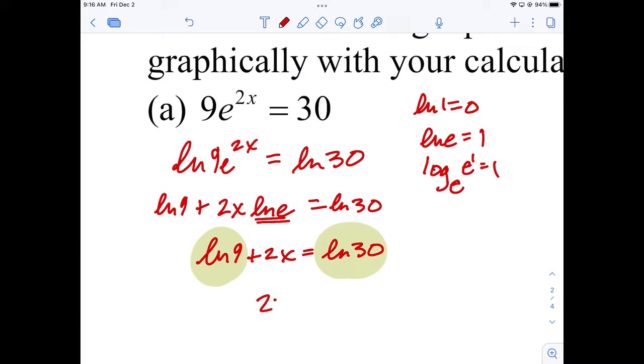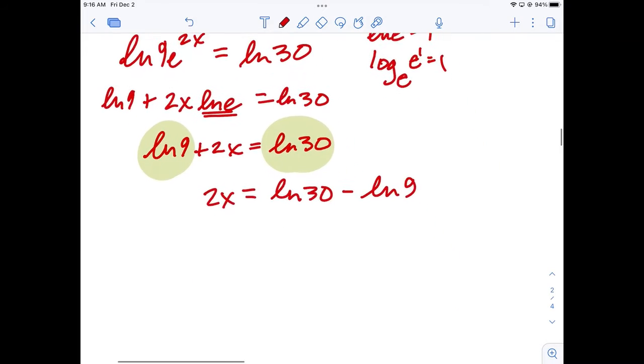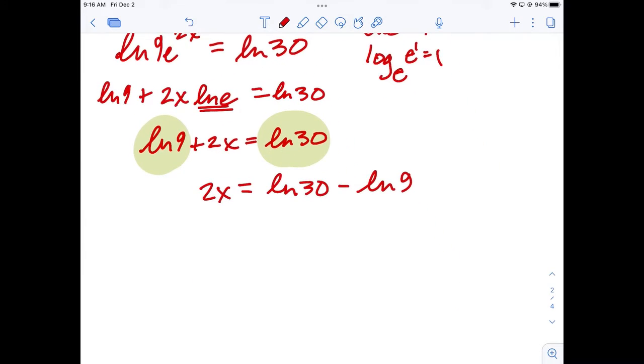So that's going to be a 2x, and then I have the natural log of 30, and coming across is the natural log of 9, and now it's negative. And then I just have to finish the problem by dividing both sides by 2. So the natural log of 30 minus the natural log of 9 all over 2. This is an exact answer.